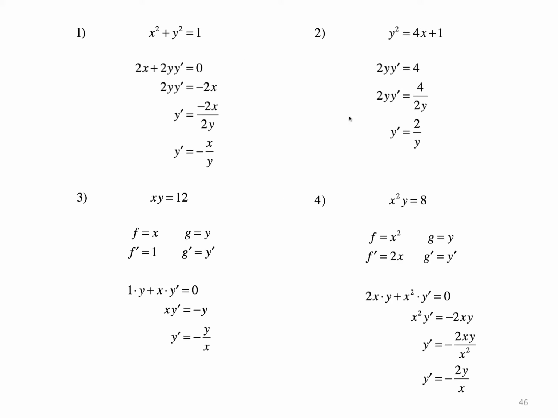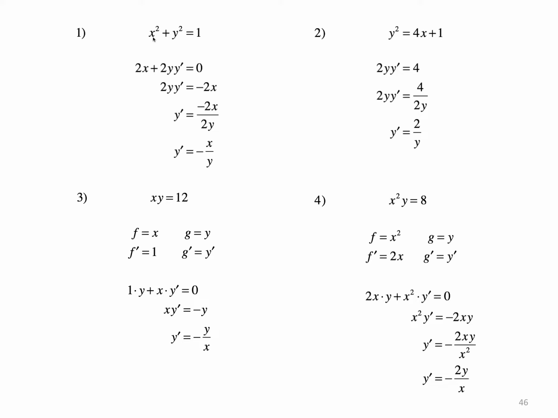Now these are all the solutions to the, and I'm not going to go over all of them, but these are the solutions to the four classwork exercises that are found on, I believe it's page 51. In the case of number 1 and number 2, we don't have any products.